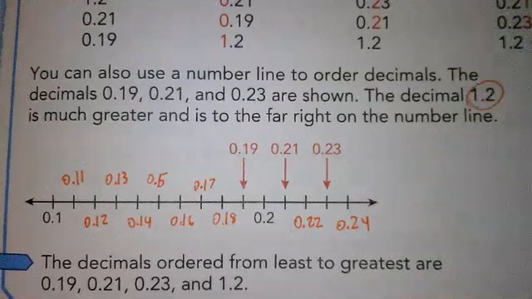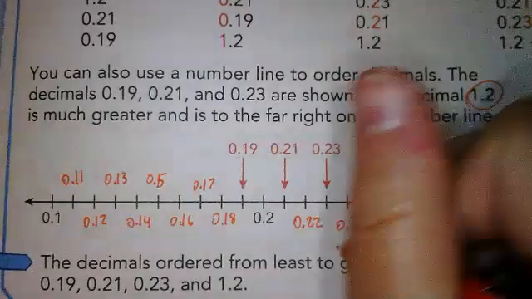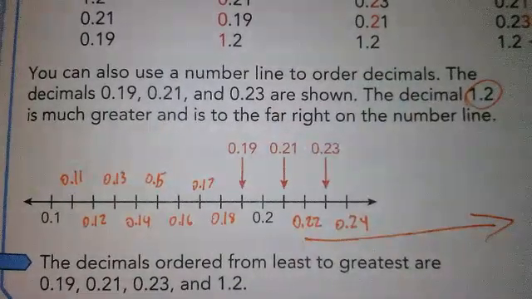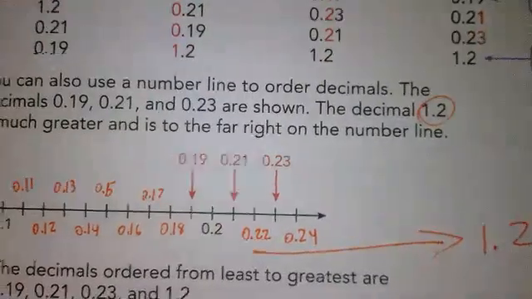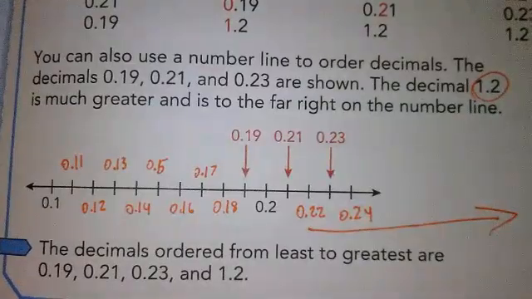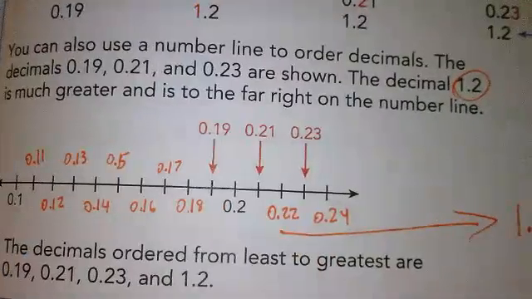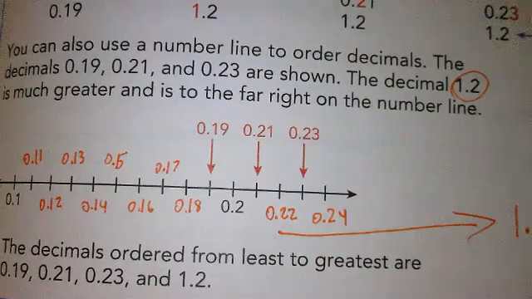So 1.2 is not listed on this number line because it's way that way. 1.2 would be way over here. You can't even see it. We go through a lot of different number lines before we get there. Okay? Does that make sense? Kinda.